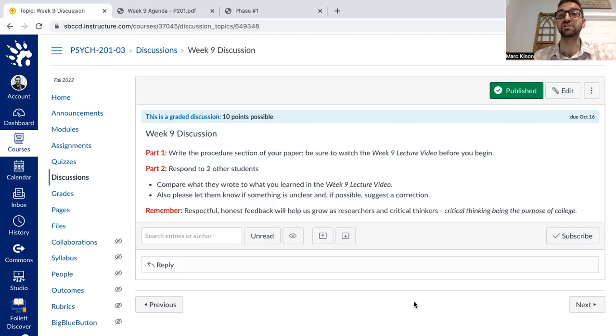The point of the discussion is to let them know that they're doing it incorrectly. As a researcher, you're a collaborator. You work with your peers. My team of researchers, we always work together. We collaborate, and that's really what I'm trying to encapsulate in this discussion.